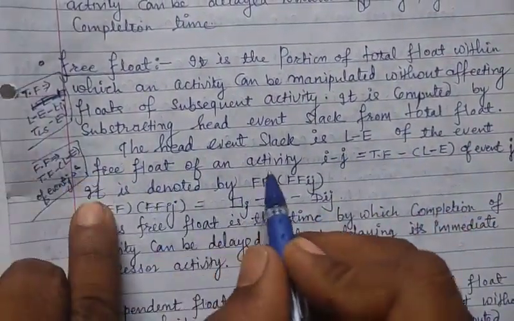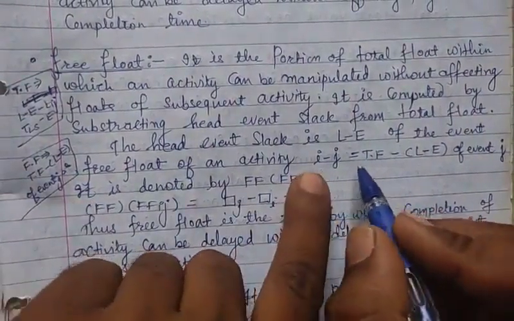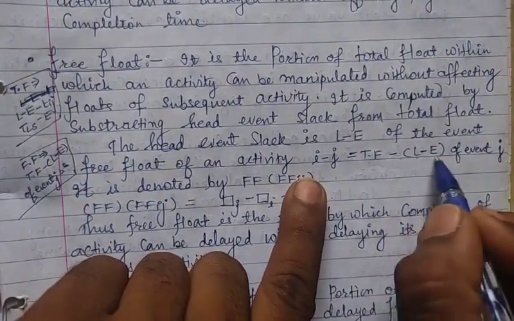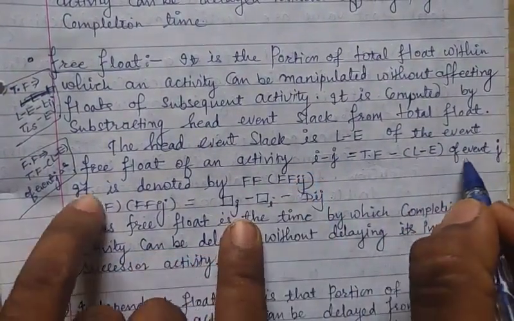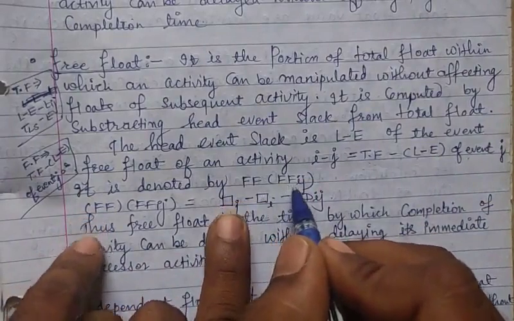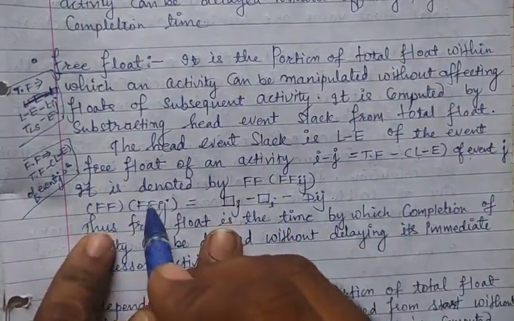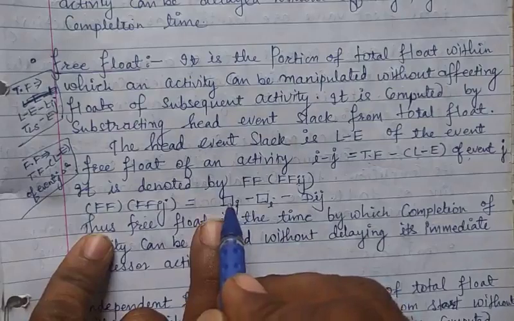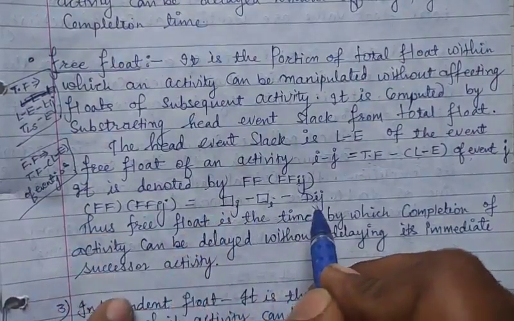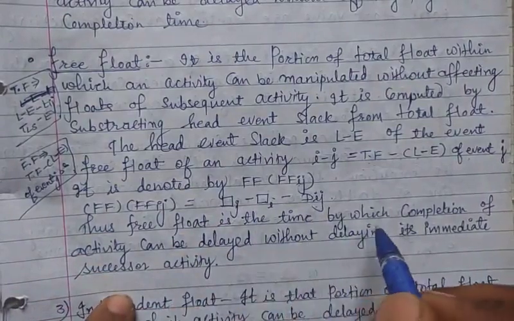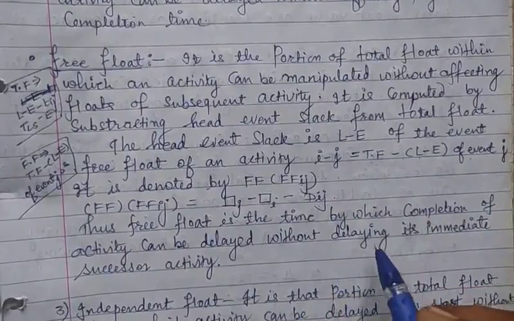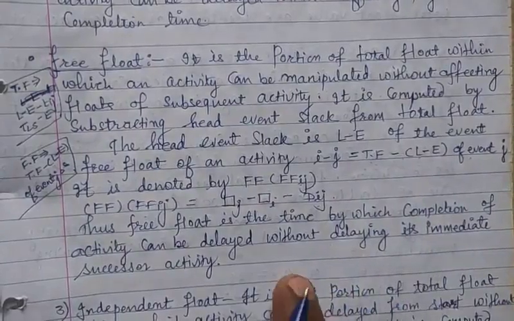Free float of an activity i minus j is equal to total float minus (latest finish minus earliest start of the event). It is denoted by FFij. So FFij is nothing but square j minus square i minus dij. Thus free float is the time by which completion of an activity can be delayed without delaying its immediate successor activity.